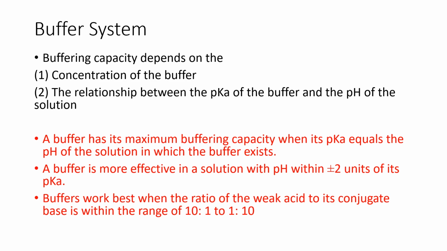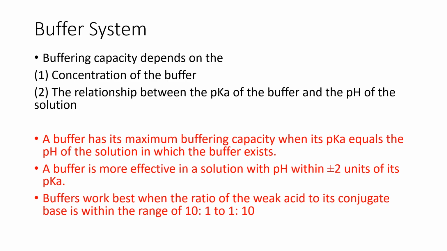So if we have the option to choose a particular buffer system when there are changes in pH, it will be more relevant to choose a buffer system whose pKa is closer to the pH of blood, which is 7.4, than another buffer system whose pKa is far from that of blood.